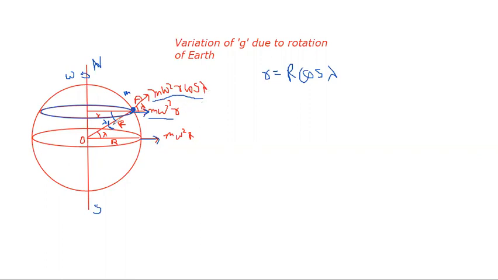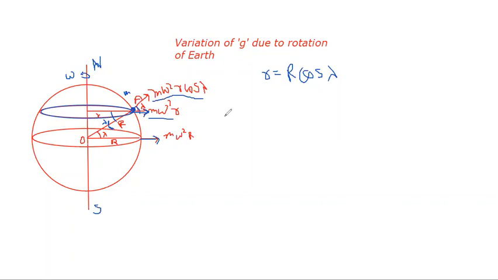Why cos lambda? Since this angle and this angle are corresponding angles, this angle is also lambda. And if we resolve this m omega square r into two rectangular components, then the component opposite to the force of gravity is m omega square r cos lambda.